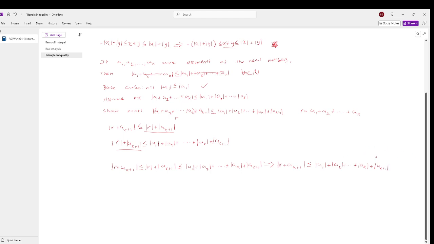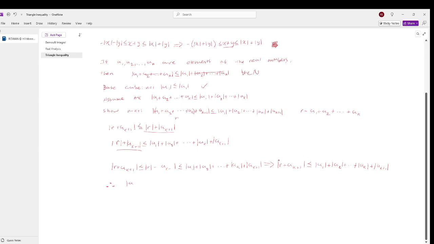And so what we did there was just get rid of this middle term right here, because obviously those are also less than or equal to each other. So now I'm just going to sub in r. Sorry, this is my last time writing all this, I swear. So therefore, that's the shorthand for therefore, if you didn't know.